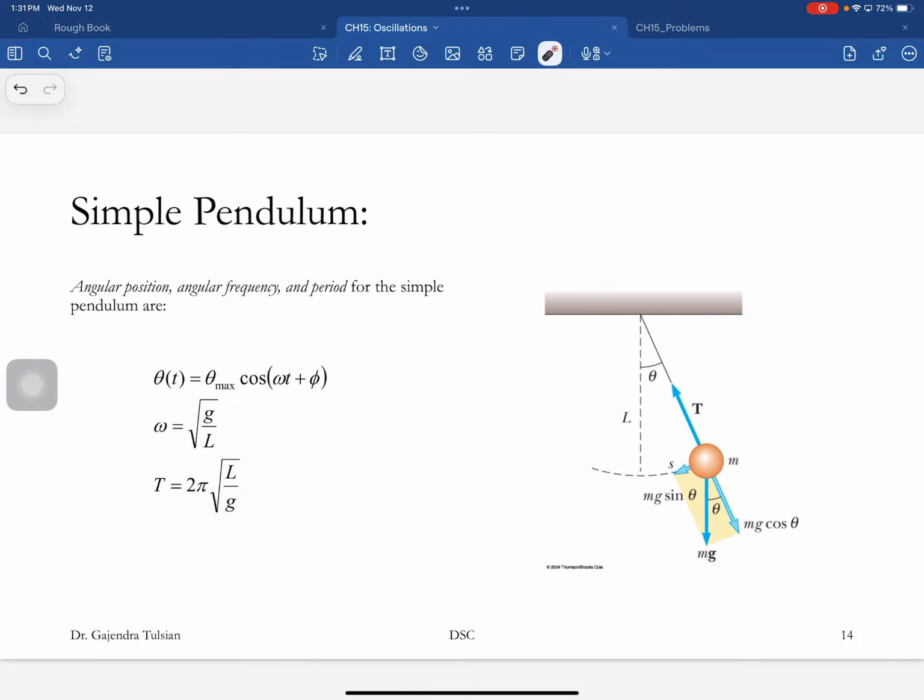And this is the basis for pendulum clocks. You can take a pendulum whose length is such that the period is 2 seconds, so every time it goes there, that's 1 second, 1 second, 1 second. And the neat thing about this is it's independent of the amplitude.